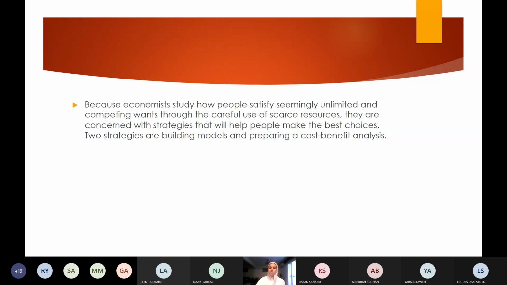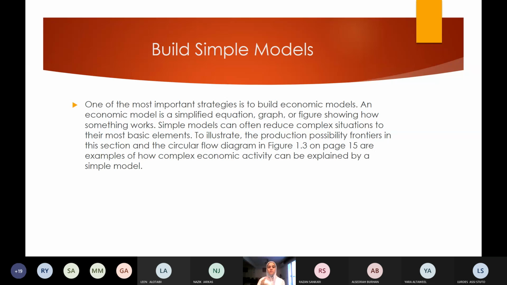There are many strategies. Number one, build a simple model. One of the most important strategies is to build an economic model, which is an equation or a graph or a figure. Then I can write the complex situation and divide it into its most basic elements.